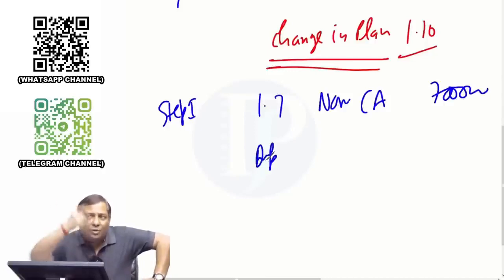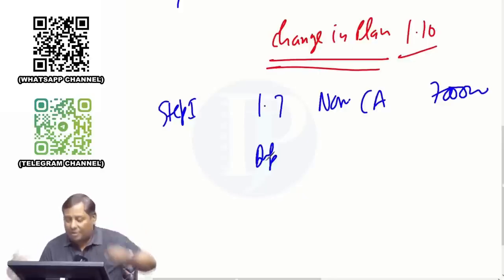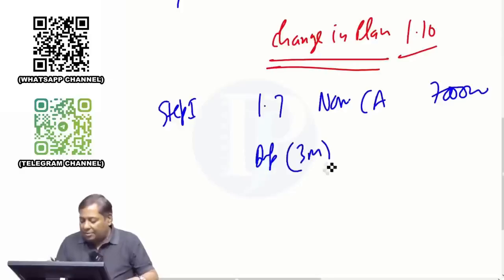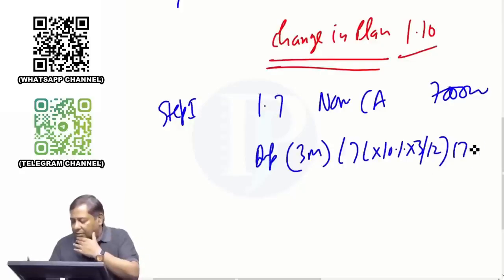If I hadn't come to 105, I would have been at 975, then 975 dropped to 7 lakhs. Depreciation for 3 months, July to September, will be applicable on 7 lakhs. It is 7 lakhs into 10% into 3 by 12, which is 17,500.